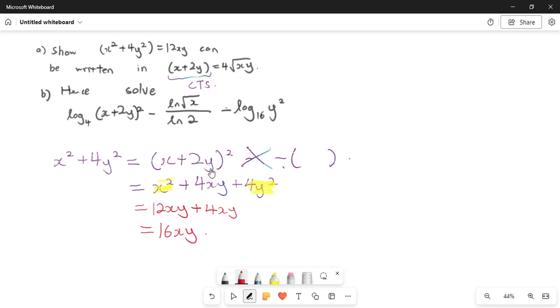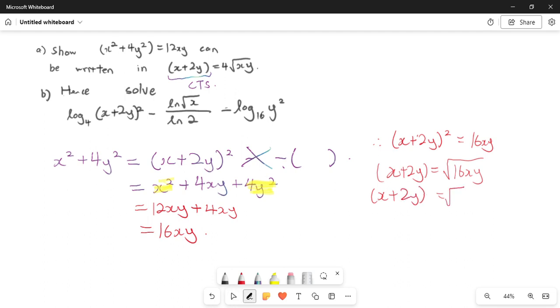Alright, and then from here I can say that (x plus 2y) squared equals 16xy. So x plus 2y equals the square root of 16xy. Using the properties of square root, this is root 16 times root xy. Simplify this, x plus 2y equals 4 root xy. Show.